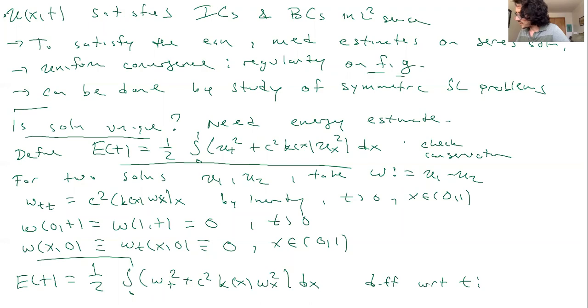So what we find is that d/dt of E of t, in this case, is going to be the integral from 0 to 1 of W_t W_tt, plus, well, we take a look at this, and this doesn't involve t, this does.